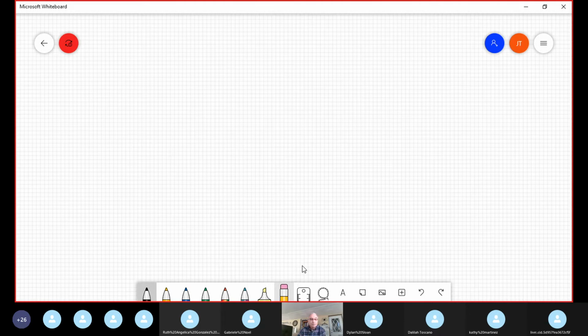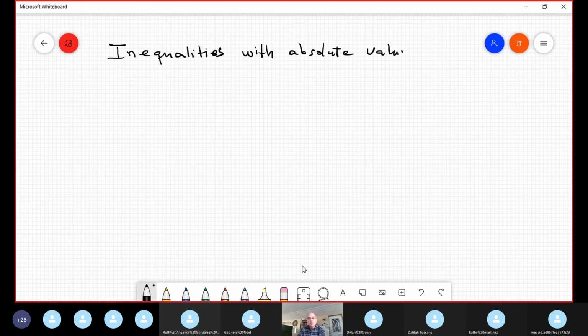Inequality now, with absolute value. Okay. First of all, we have two kinds of inequality. Suppose absolute value x less than.